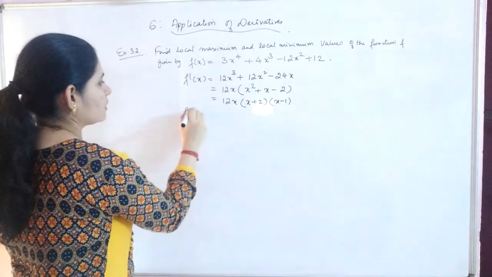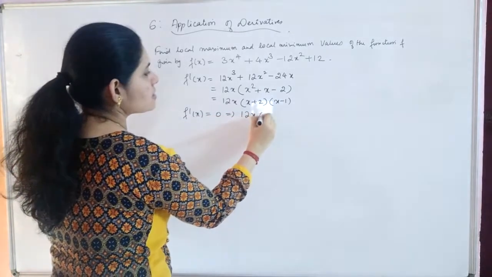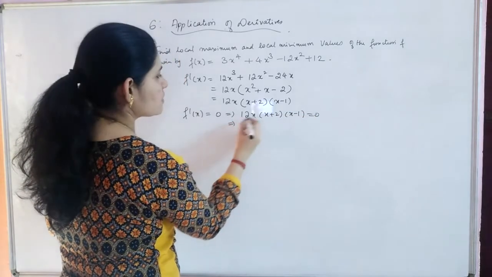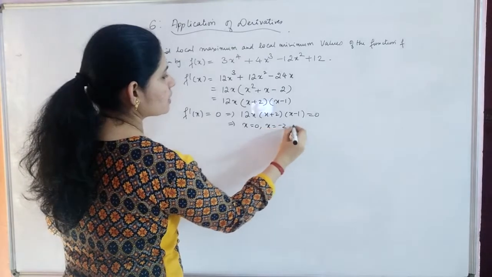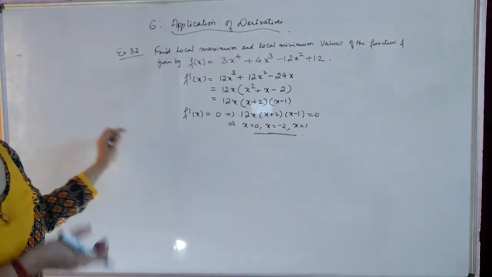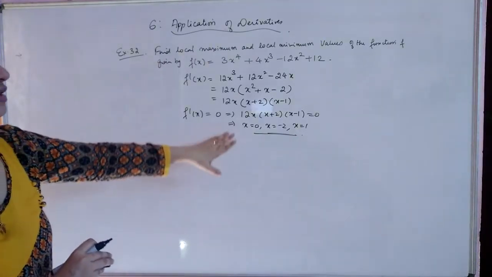Now you equate it to 0. f dash of x equal to 0 gives 12x into x plus 2 into x minus 1 equal to 0, which gives either x equal to 0, or x equal to minus 2, or x equal to 1. So you are getting 3 critical points. Now checking each one to the left and right is a tiring process.